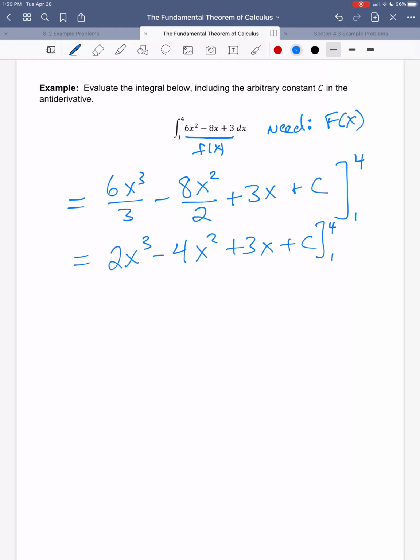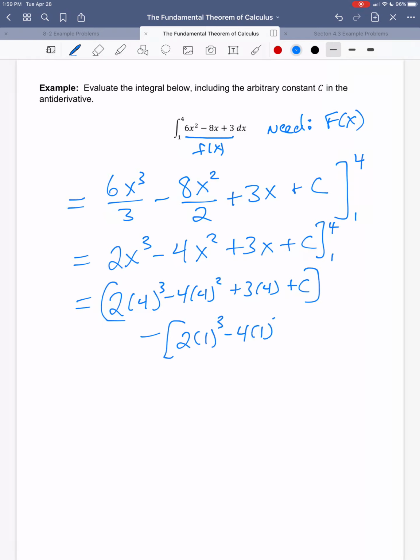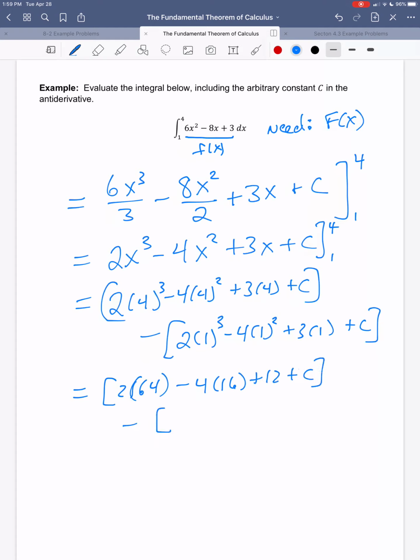So I plug 4 in for x. And then I plug in 1 for x. And so I get 2 times 64 minus 4 times 16 plus 12 plus c minus 2 times 1 minus 4 times 1 plus 3 plus c.